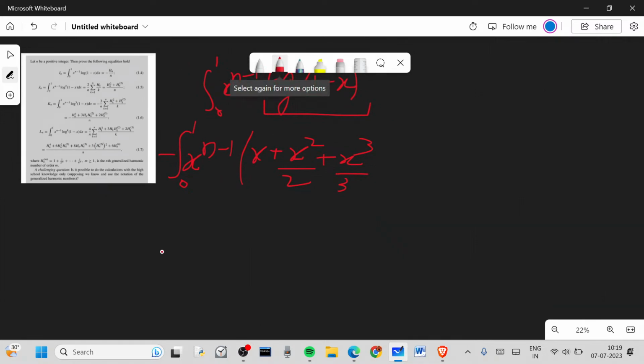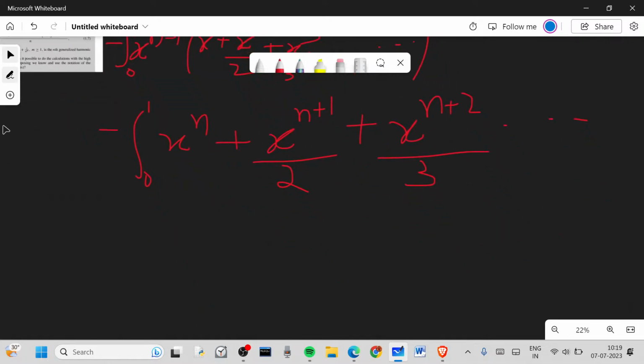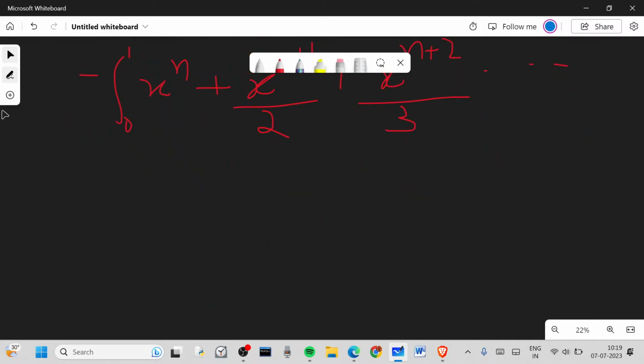Now we have minus the integral from 0 to 1 of x^n plus x^(n+1)/2 plus x^(n+2)/3 and so on.